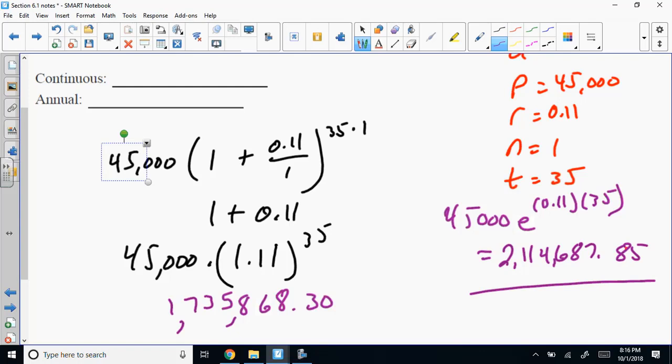So there's a little less than 400,000 difference between them, right?